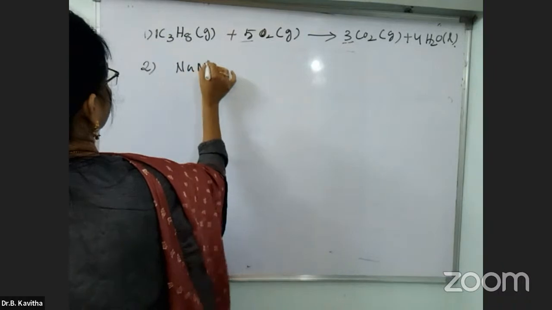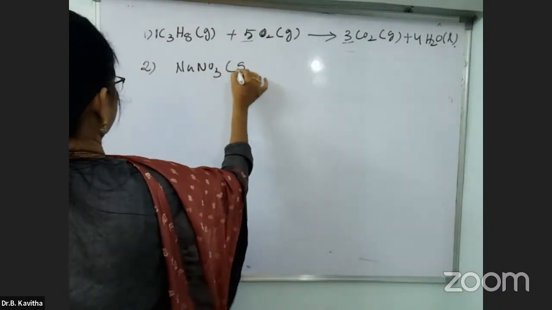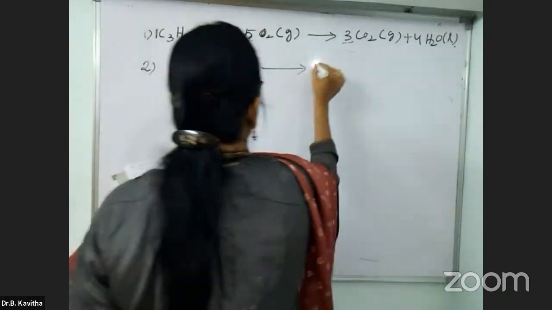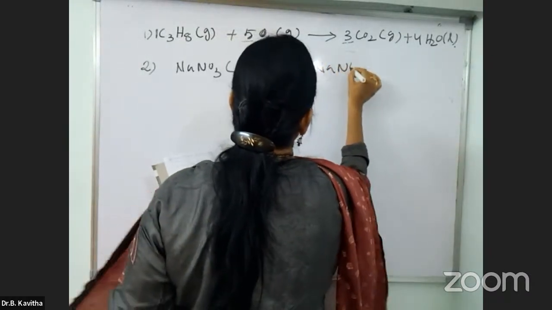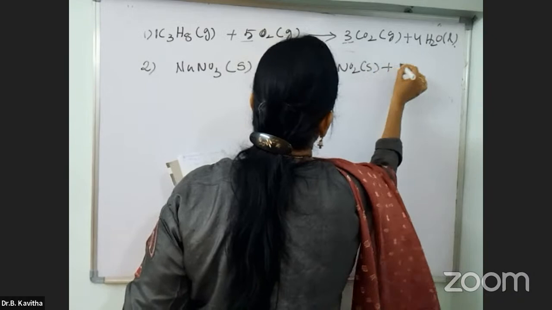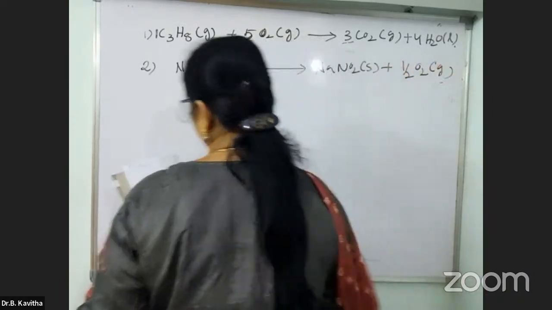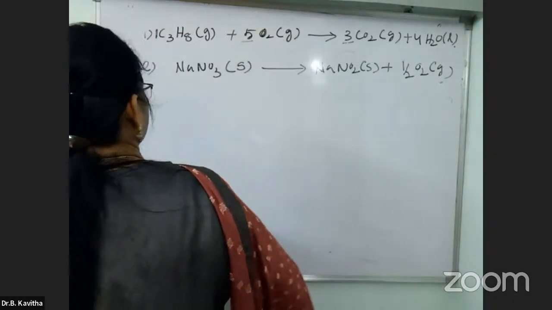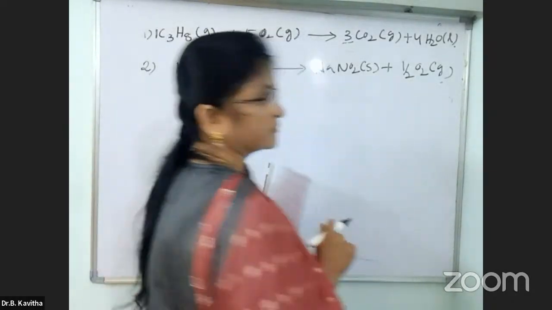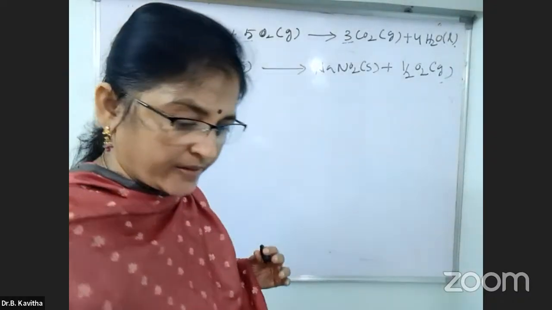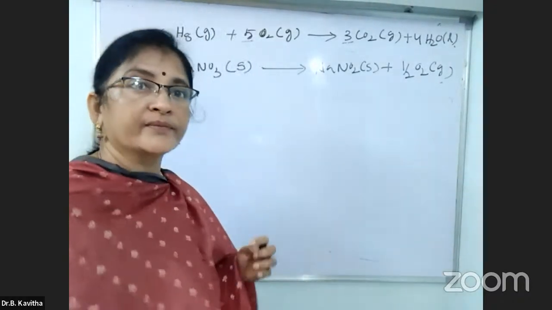NaNO3, sodium nitrate solid, converts into sodium nitrite NaNO2, which is solid, and half oxygen, which is gas. Tell me the relation between delta H and delta U. What is delta N? Is it positive or negative?